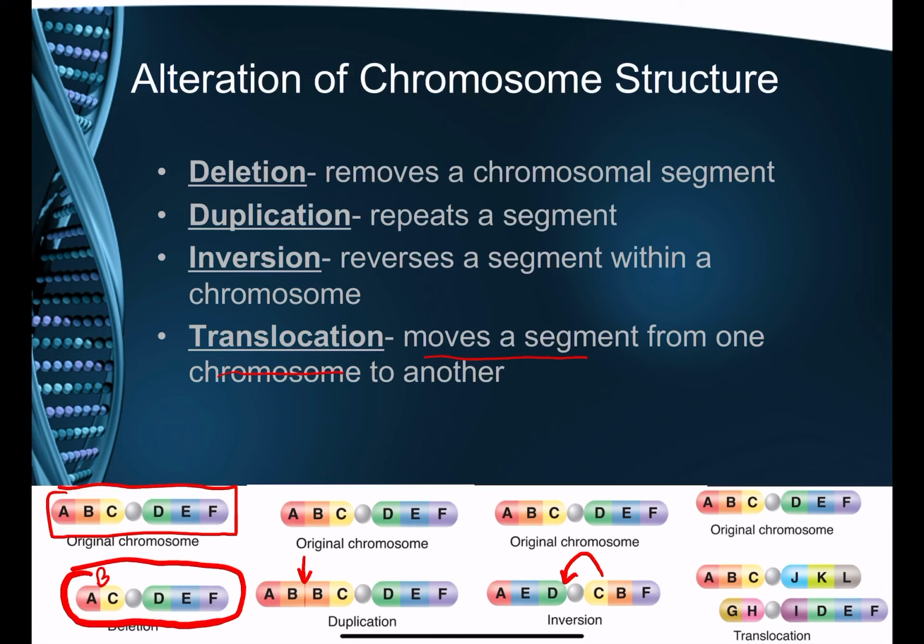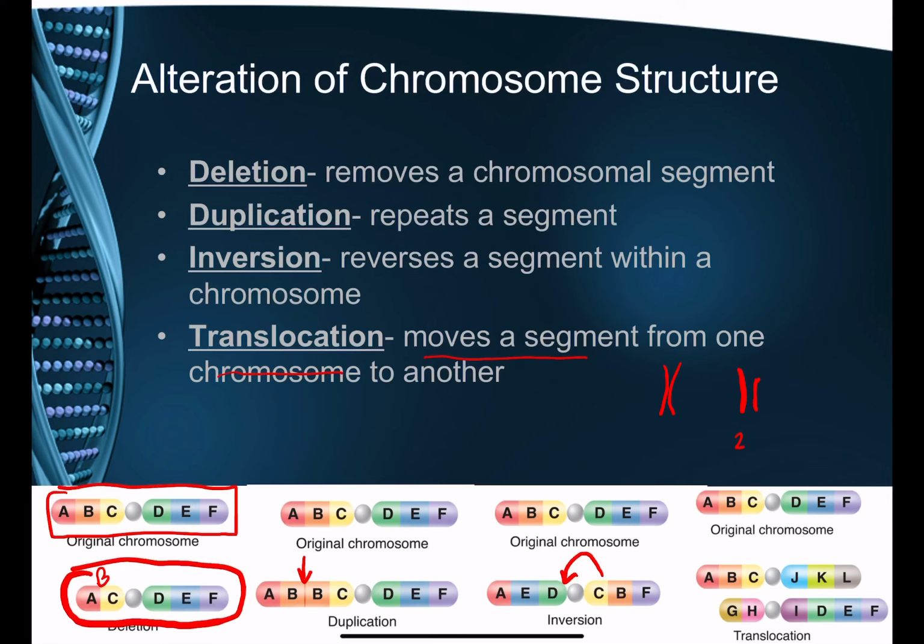Some of these you may be able to see in a karyotype. So for example, if you're looking at your karyotype and you see your chromosomes lined up, and this is chromosome set number 2, and one of them is this long and the other one is this long, well, chances are there's been an issue there.